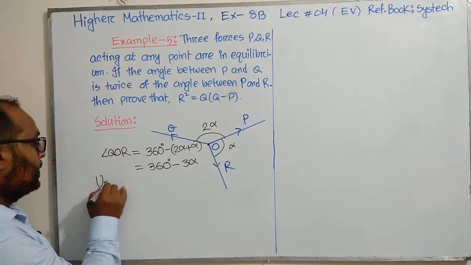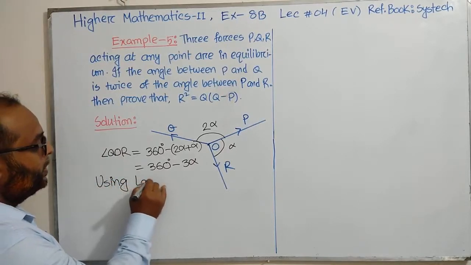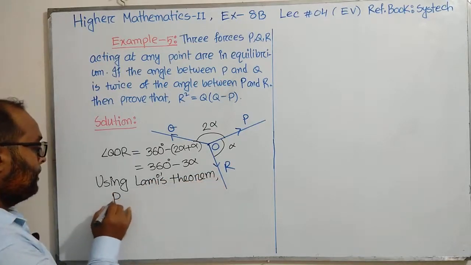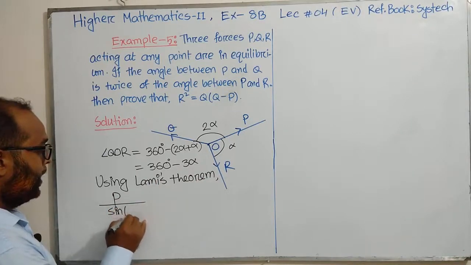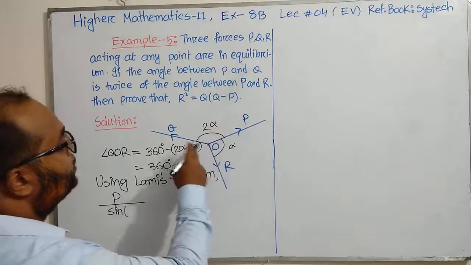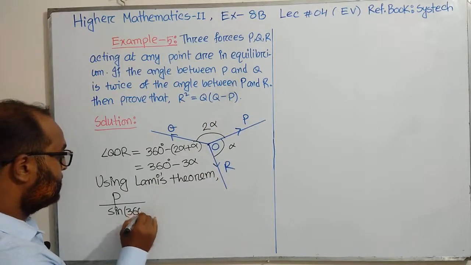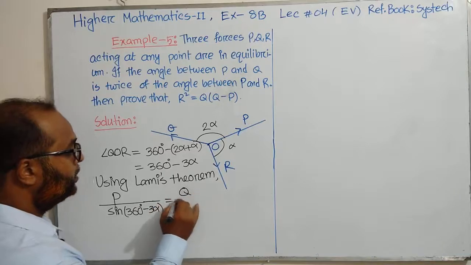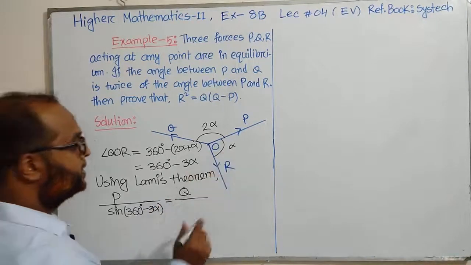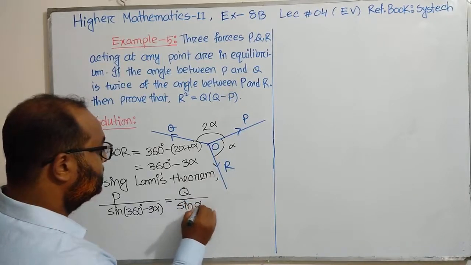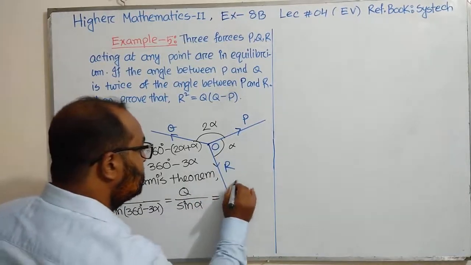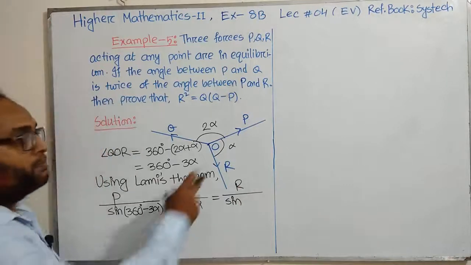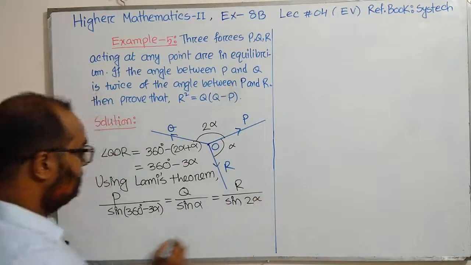Using Lami's theorem, we can write P by sine of the angle between Q and R, this is 360 degrees minus 3 alpha, equals Q by sine of the angle between P and R, this is sine alpha, and finally this equals the magnitude of force R divided by sine of the angle between P and Q, this is 2 alpha.